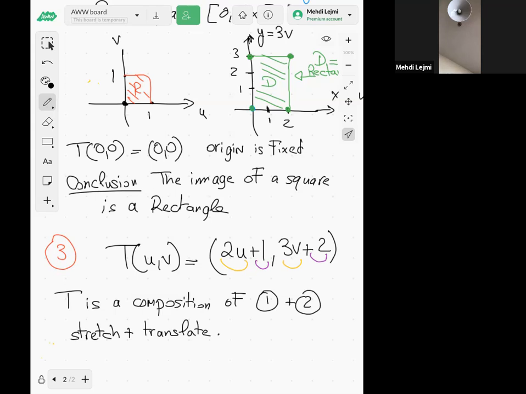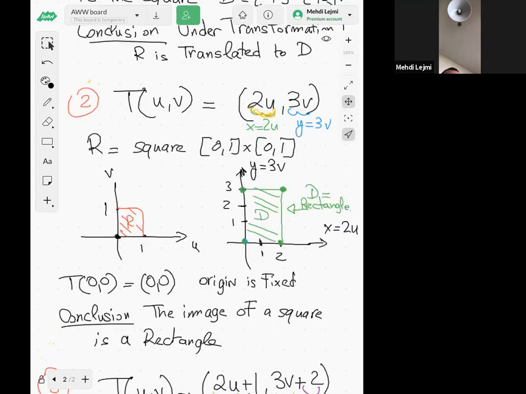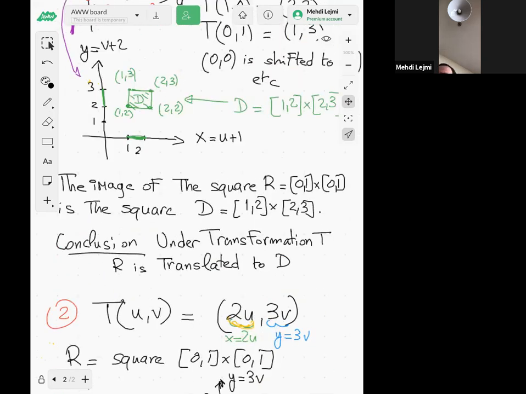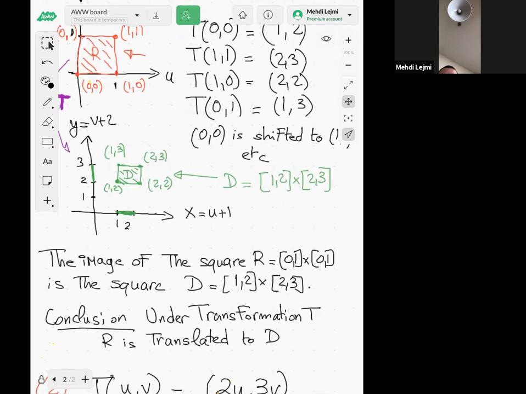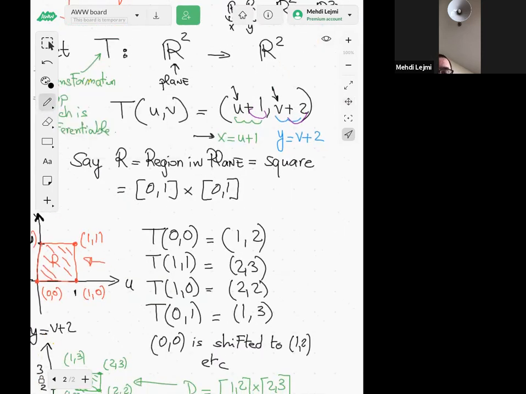let's do a last example. This example is less obvious than these three examples. In example number 4, my remark here is that in these three examples, each component involves only one variable. In the first example, the first component is u plus 1, so it involves the variable u, not v.